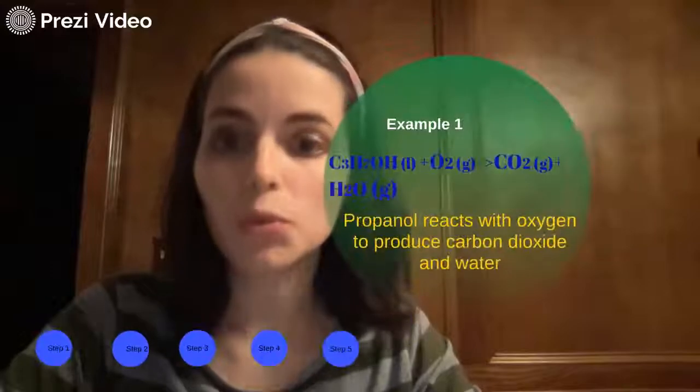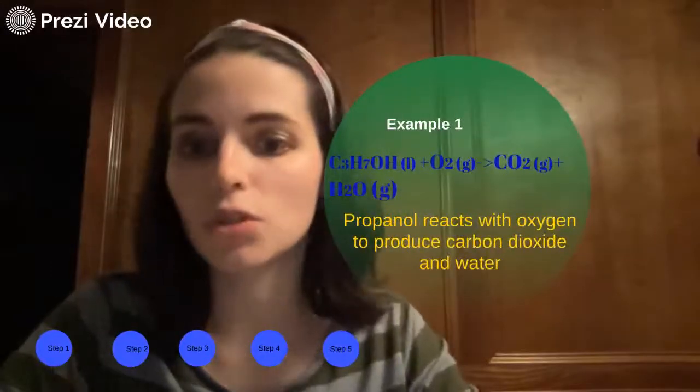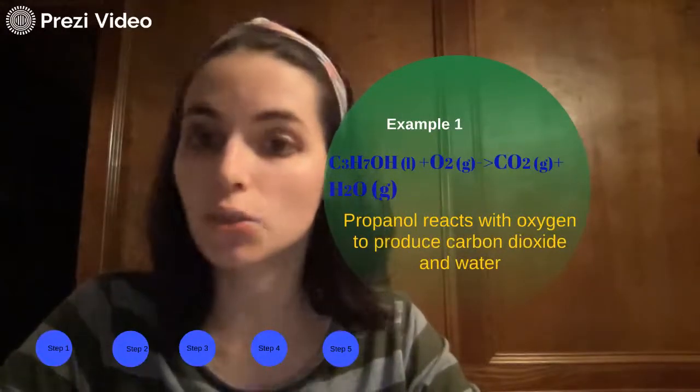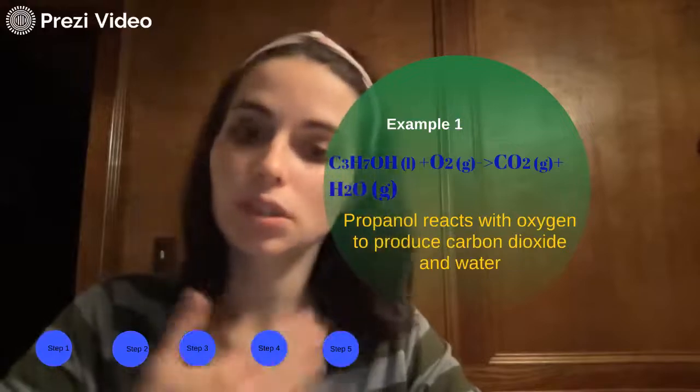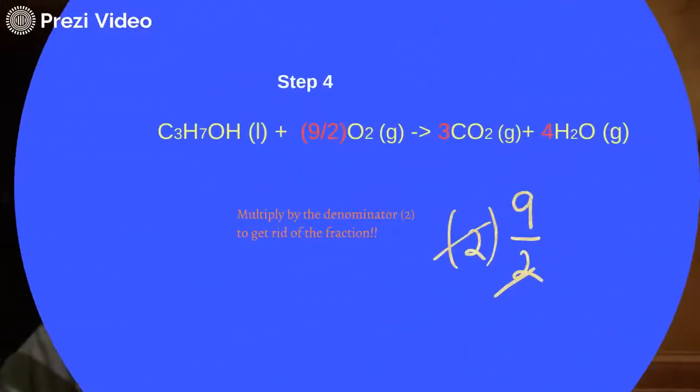Yes, sometimes you can have coefficients that are fractions, and it's okay. It will just require another step. Once you add your coefficient, you have to multiply the whole equation by the denominator of that coefficient. So the way it works, you have a fraction, right?